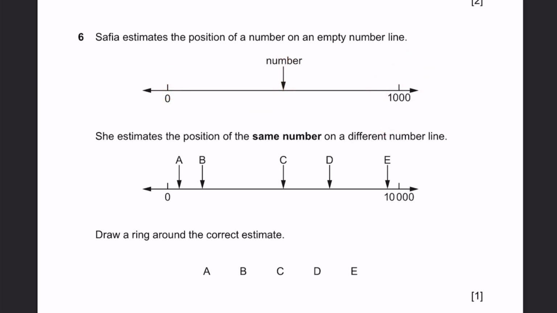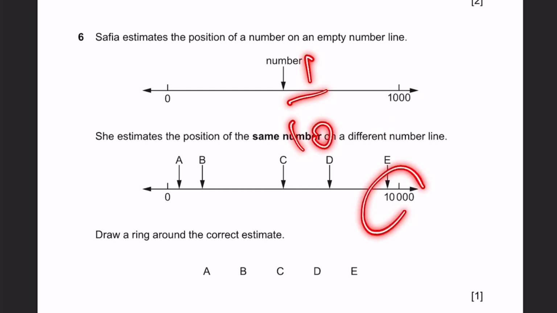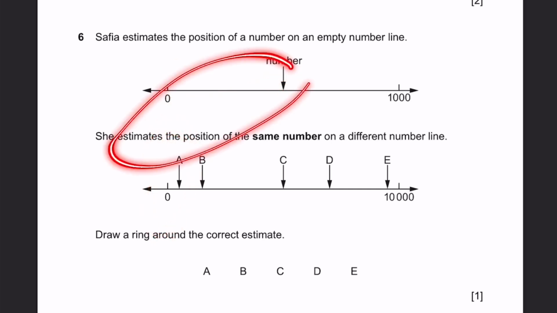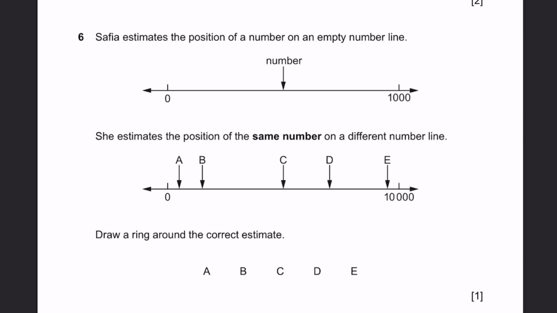Now we have a different number line which is 0 to 10,000. So 1000 is 1 by 10 of 10,000. That means the distance between 0 and the number will be 1/10 in this diagram than this one. And if you see an estimation, it's actually this one. So answer is A.